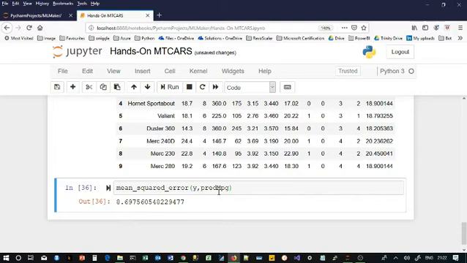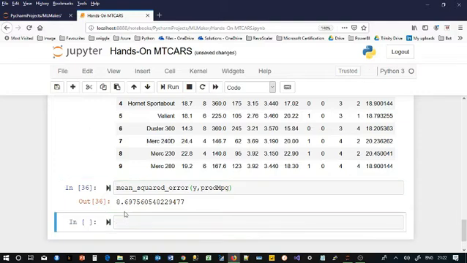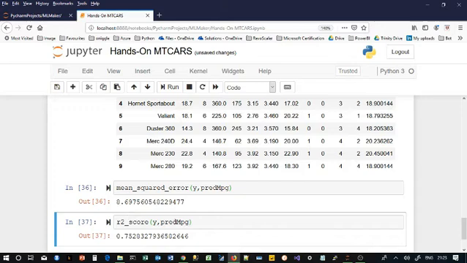Now, instead of mean squared error, there is an alternate way of looking at this metric called the R square. The invocation is very simple. It's R2 score, and then you pass on the two values. R square gives a value of 0.75.